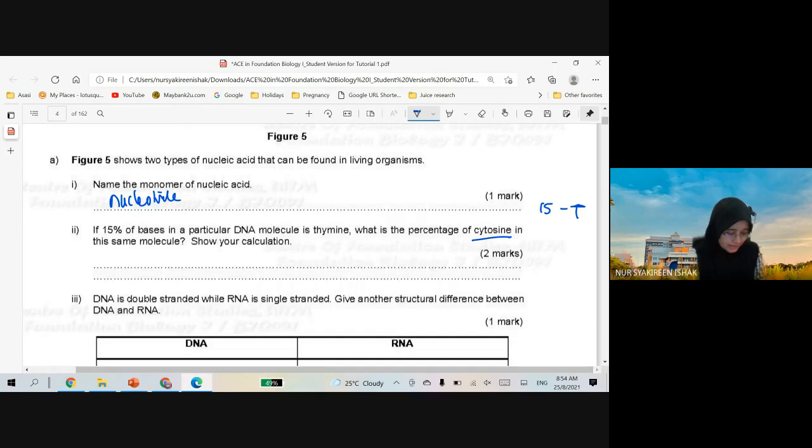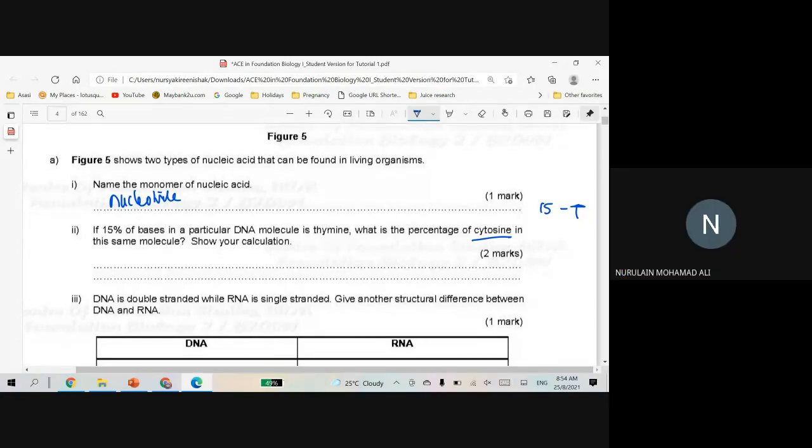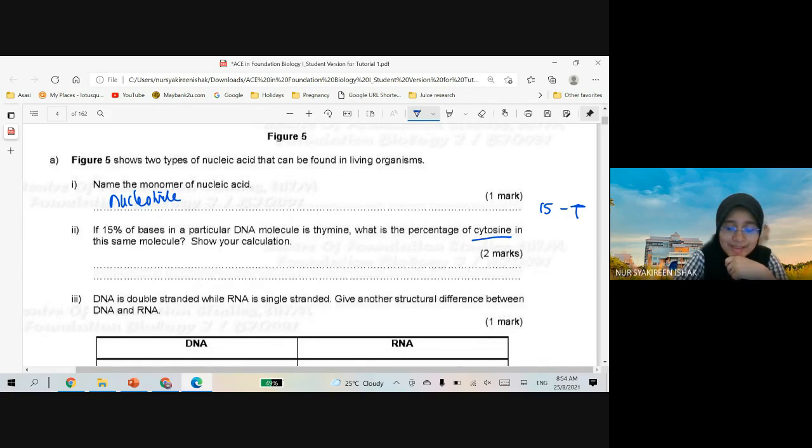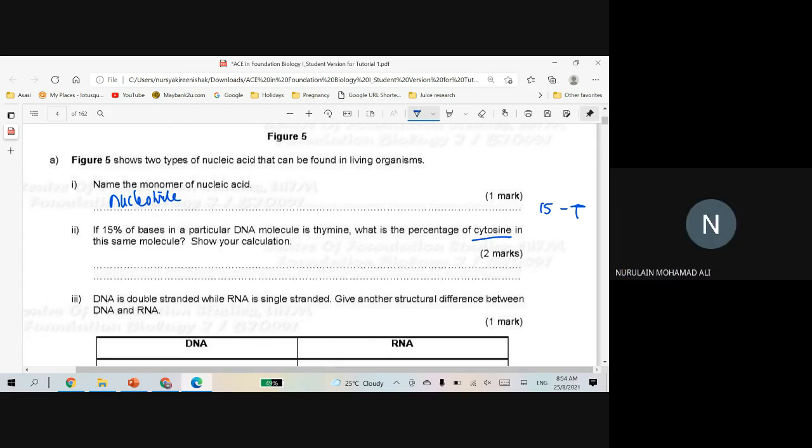Cuba saya bagi masa seminit 2, cuba kira. Madam, jawapan dia 45% ke? 35% ke? Jawapan dia 35%. Siapa jawab tadi? Saya tak perasan nama. Nurul Ain. Okay.